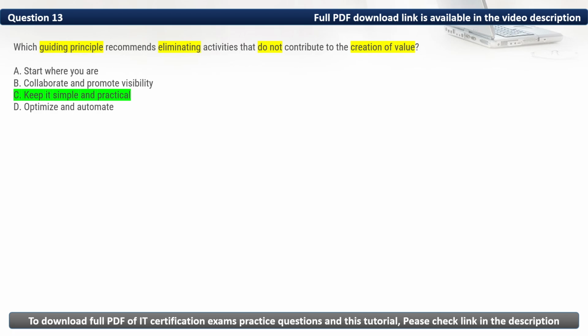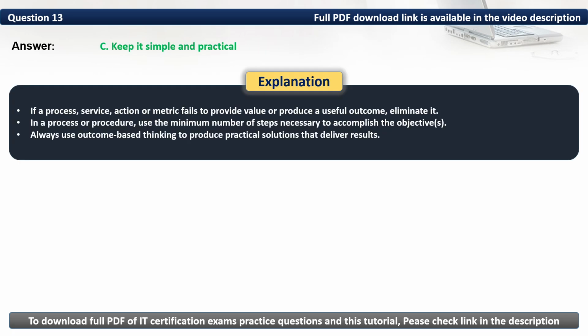Thus, the correct option is C. If a process, service, action, or a metric fails to provide value or produce a useful outcome, eliminate it. In a process or procedure, use the minimum number of steps necessary to accomplish the objectives. Always use outcome based thinking to produce practical solutions that deliver results.